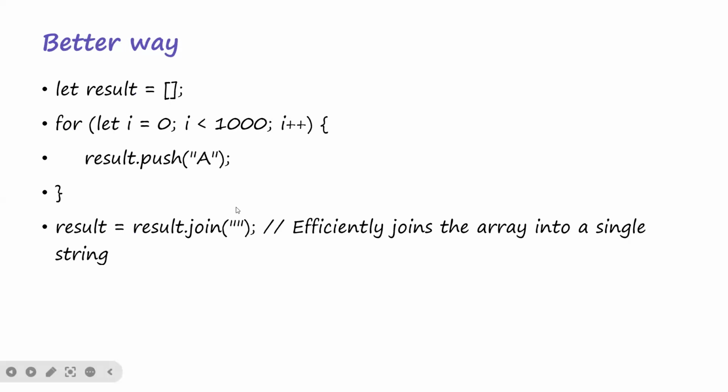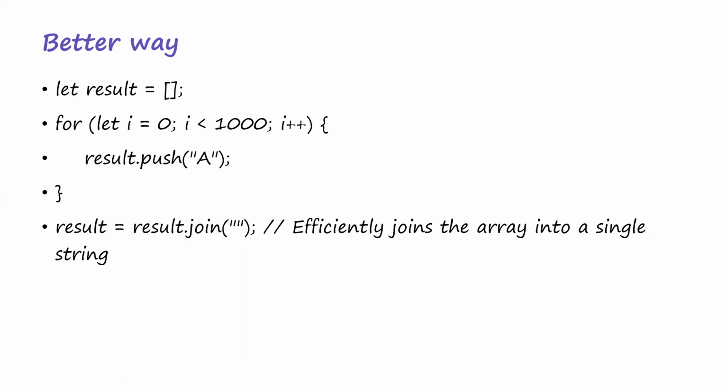A better way is this. You create an array, all right? Then for every iteration you will push, and now I don't know how to explain this to you because we haven't done arrays yet, but just understand this. First of all, you create an array. Instead of doing string concatenation, you create an array. Then for every iteration, you're pushing the string into the array. And at the end of the whole thing, you can do result.join.